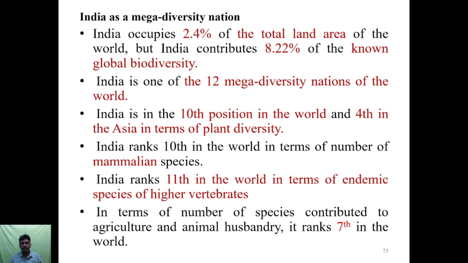India occupies 2.4% of the total land area of the world, but India contributes 8.22% of the known global biodiversity. It ranks 10th in the world in terms of number of mammalian species.